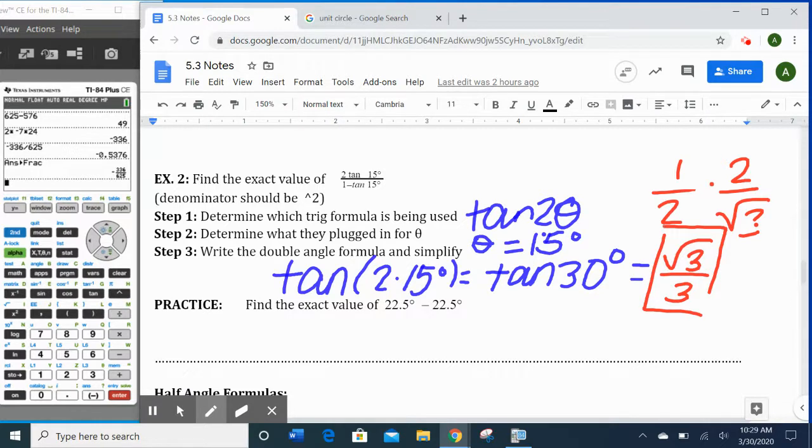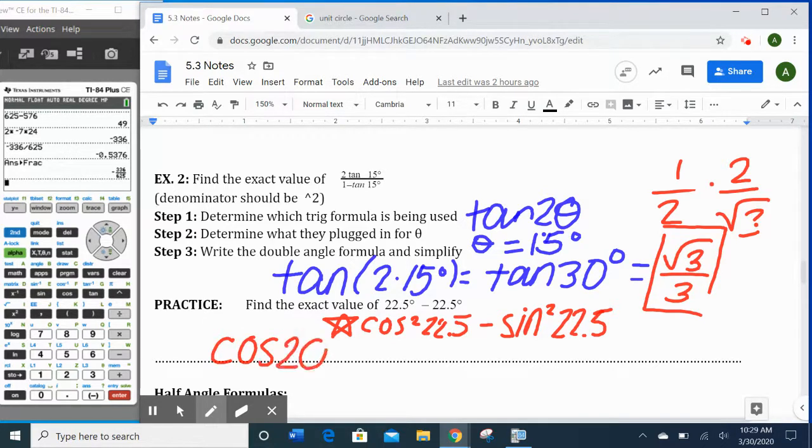So the practice problem, find the exact value of, that was supposed to say cosine squared of 22.5 minus sine squared of 22.5. So that's what it should say. And so they say determine the trig function being used. Well, the formula being used is the cosine of 2 theta.